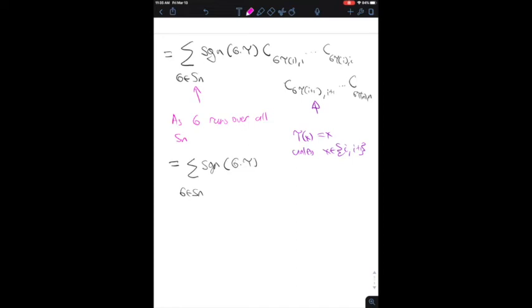It fixes all terms other than i or i+1. So the first term will be sigma(1). Then the first term it changes, i, becomes sigma(i+1), and then we have sigma(i). All other terms are unchanged.